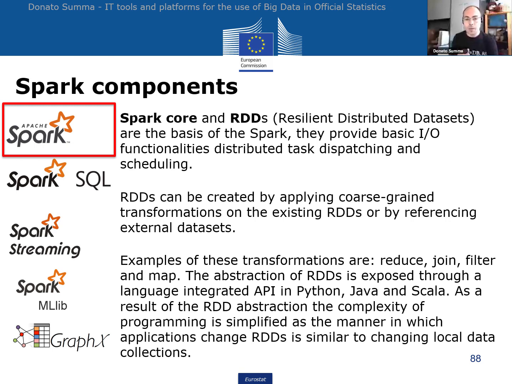The abstraction of RDDs is exposed through a language integrated API in Python, Java, and Scala. As a result of the RDD abstraction, the complexity of programming is simplified, as the manner in which applications change RDDs is similar to changing local data collections.